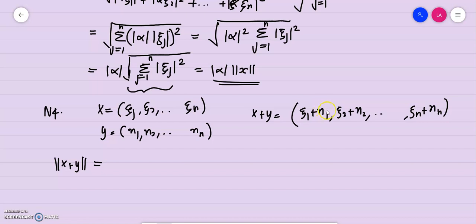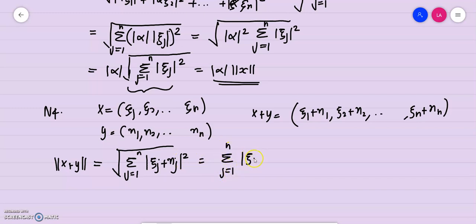So norm of x plus y should be equal to summation j equal to 1 to n of modulus of theta j plus eta j the whole square, the whole raised to 1 by 2.